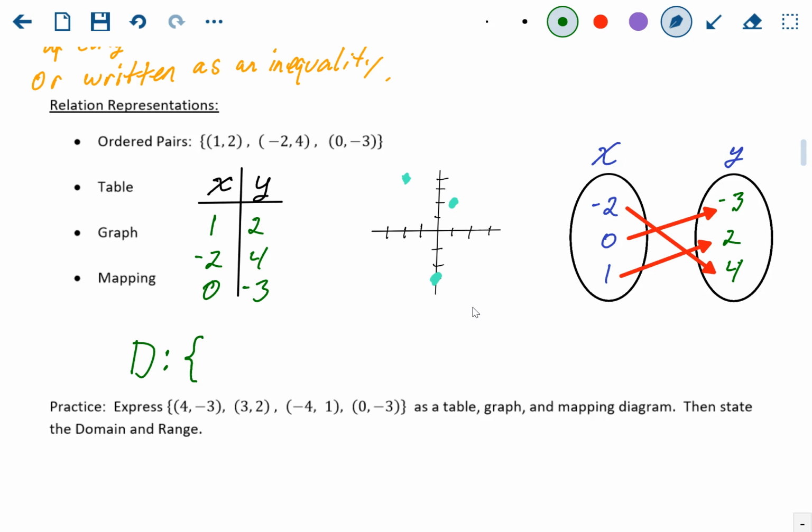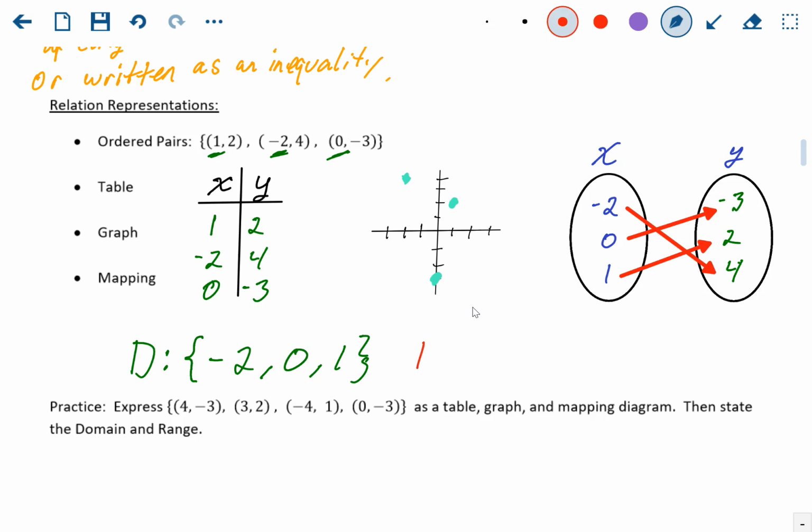Remember, domain values are X values, so list out all the X values that we have. Again, same with the mapping diagram, usually we put them in order. So our domain values are all the X values. You got -2, you got 1, and you got 0. And again, I'll put those in order, -2, 0, and then 1. That's it. That's the domain. Those are the X values in this relation.